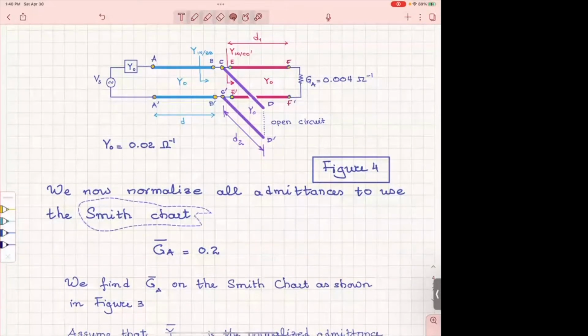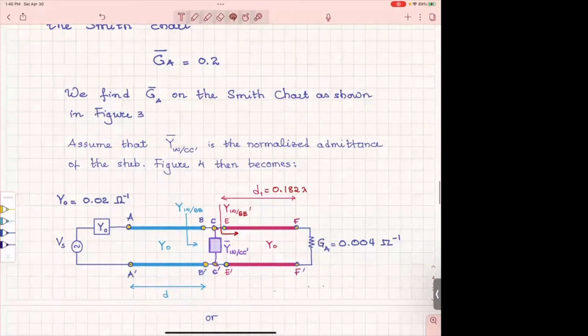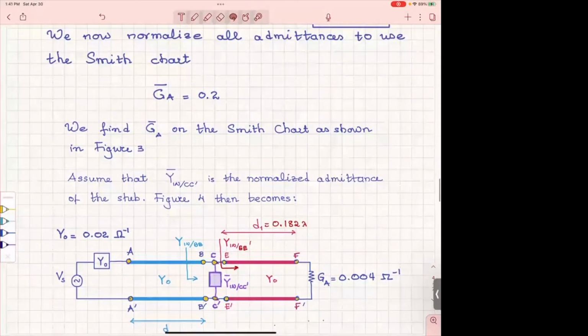So the second thing, after we make that observation, is that to be able to use the Smith chart, we have to normalize all admittances. But when we normalize admittances, we normalize them with respect to the characteristic admittance there. So now we normalize this radiation conductance with respect to Y naught, and that gives us this number for the normalized conductance.